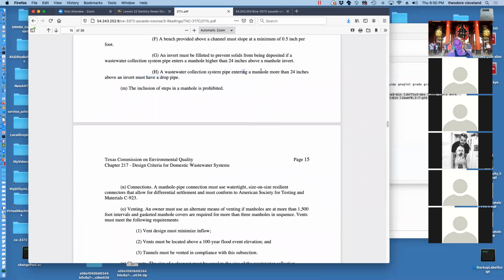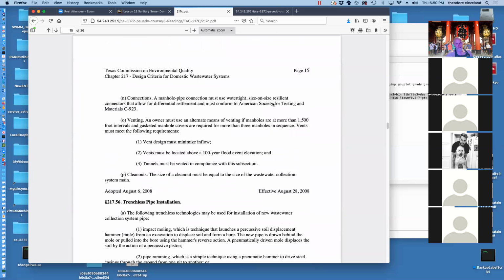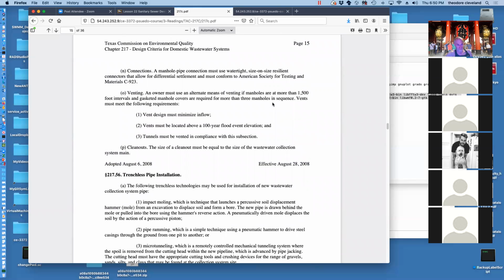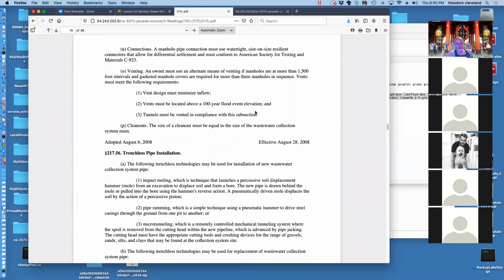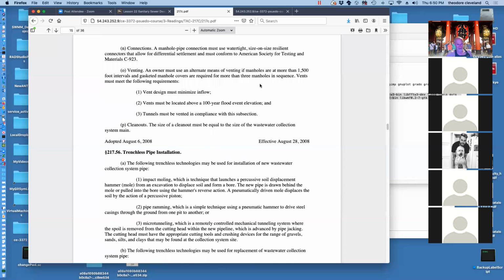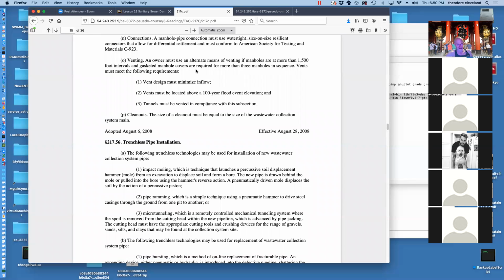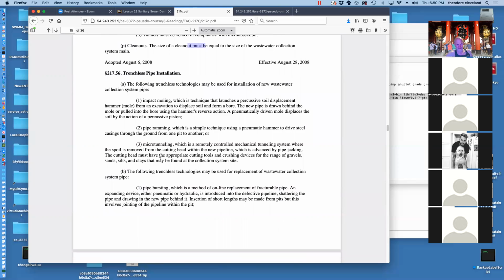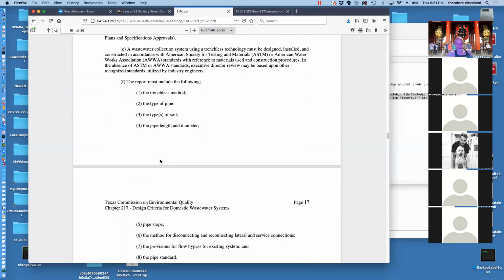So this is mainly a requirement to protect the maintenance staff, the people that have to go down and maintain the sewer system. Next, it discusses venting for manholes that are a long distance apart, because in some places that has to be the case, and cleanouts, and then a whole section on trenchless installation.